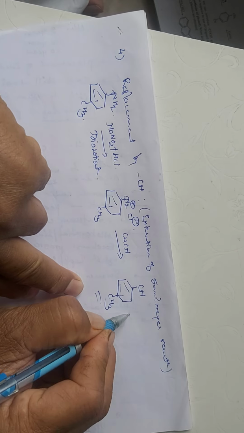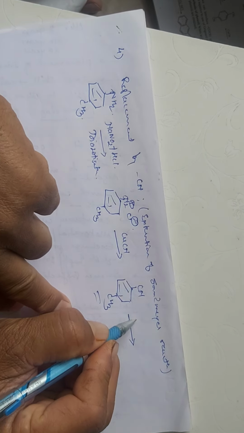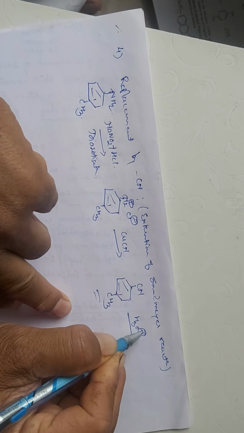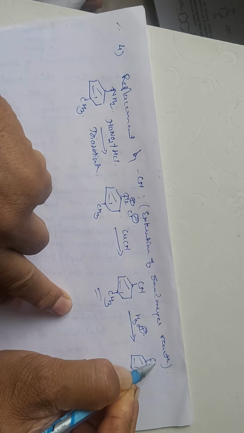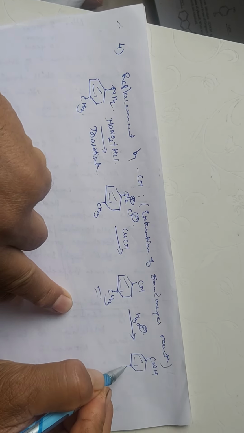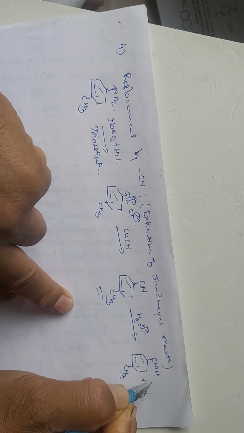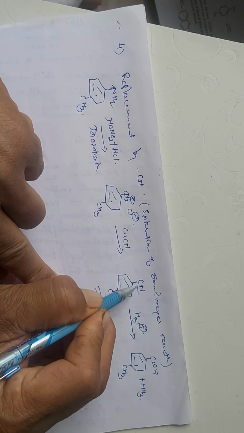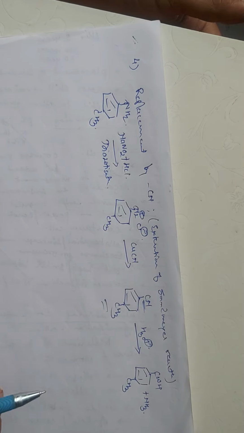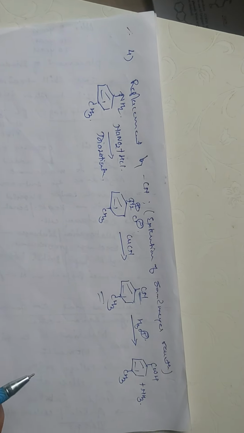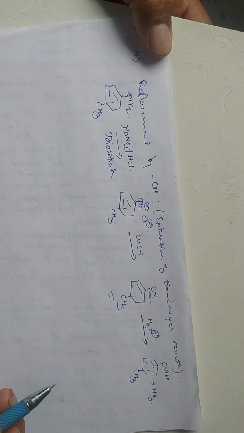So the aryl carboxylic acid can be obtained by just hydrolysis of this molecule. The hydrolysis gives you the formation of carboxylic acid, means this CN is hydrolyzed to give the carboxylic acid. And so in this way we can prepare various types of aryl substituted products. A sequence of reactions can be carried out.